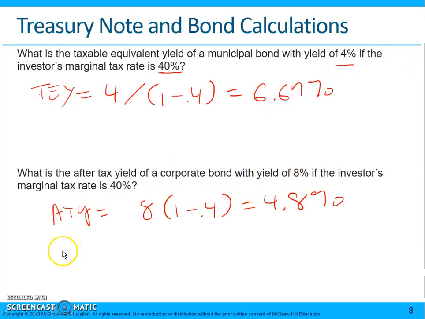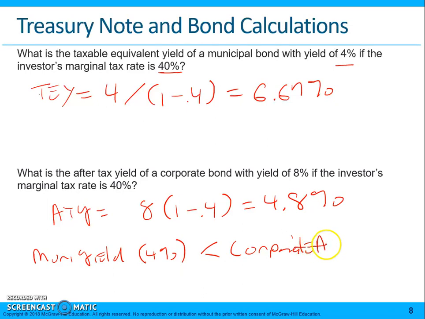So the municipal yield of 4% is less than the corporate after-tax yield, 4.8%. So assuming these were of the same quality, you would prefer the corporate.